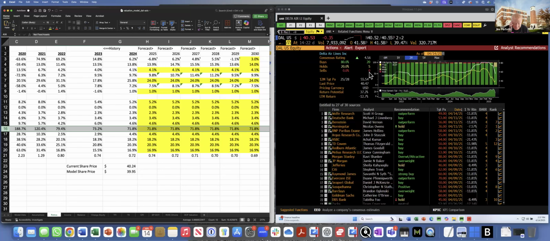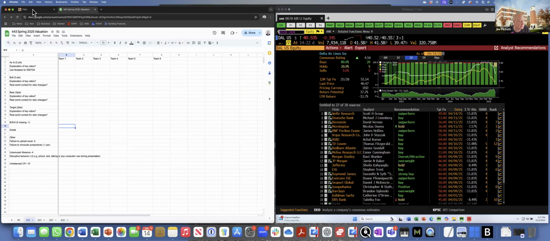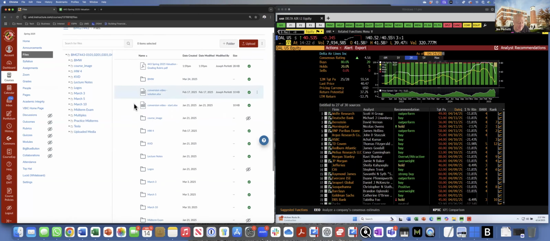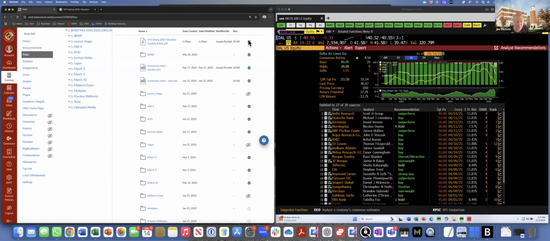I'll give you another way to think about the same thing, which leads into our next section, which is on multiples. So in Elms, in the files folder, at the very beginning of the semester, we had a folder called key value drivers.